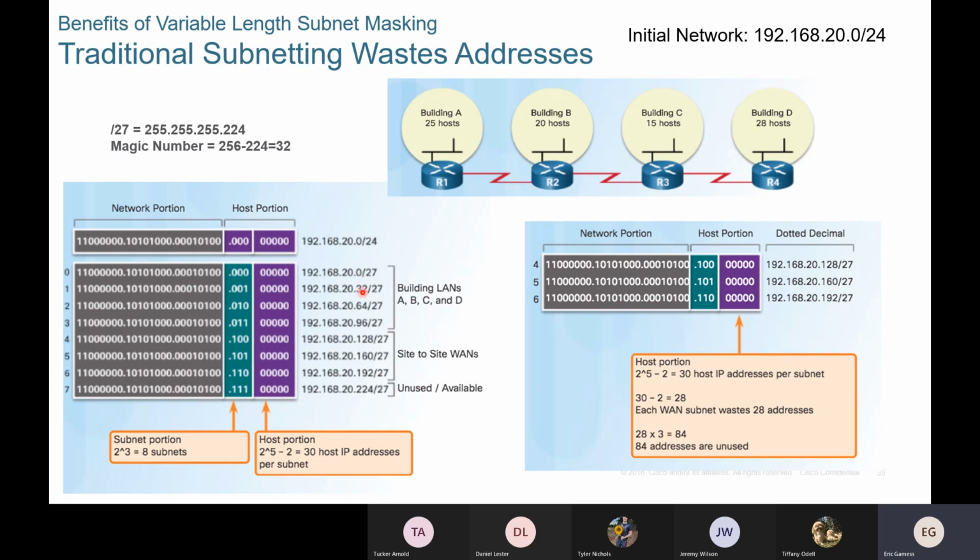So 0 plus 32 will be 32. 32 plus 32 will be 64. 64 plus 32 will be 96. 96 plus 32 will be 128. 128 plus 32 will be 160. 160 plus 32 will be 192. And 192 plus 32 will be 224. If you add 224 plus 32, you will arrive to 256.